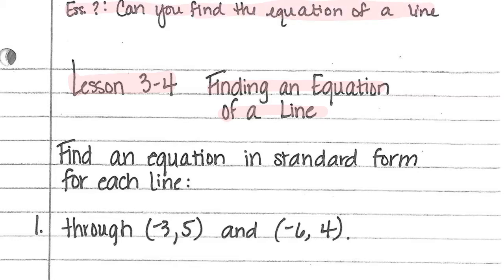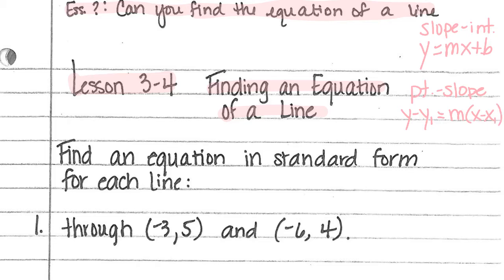Now, first of all, let's review. We have y equals mx plus b, which is the slope-intercept form. This is great if you have a slope and an intercept. We have the point-slope form, which is y minus y sub 1 equals m times x minus x sub 1.